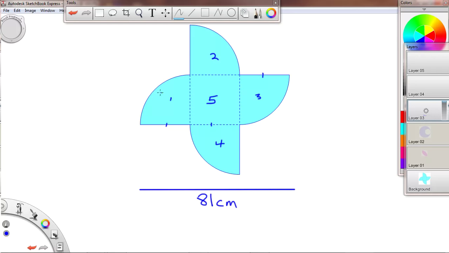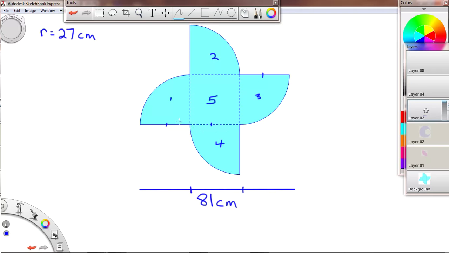And what that means is that the radius of our quarter circles is going to be 81 divided by 3, which is 27 centimeters. Okay, I hope that made sense. So you can kind of see that if I break this up into 3 equal pieces, I get this side, which would be the radius of my quarter circle.